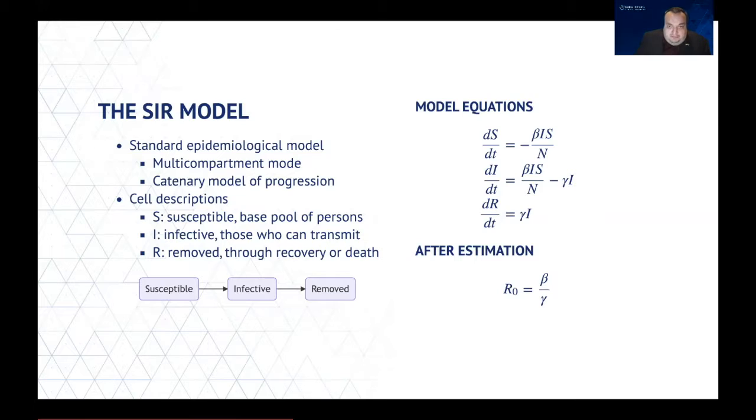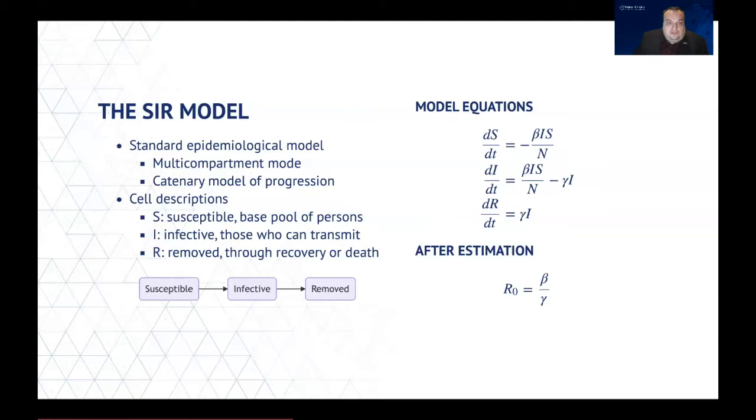As you can see here on the right of this slide, these models are described via 3 basic differential equations. And after these models have been estimated, we can calculate the R-nought value based on those parameters. The R-nought describes the basic reproduction number for any disease and corresponds to the number of people that an infected person is expected to infect themselves.